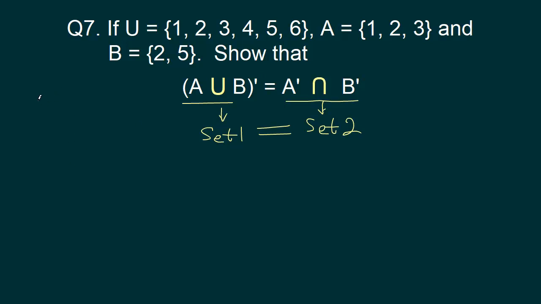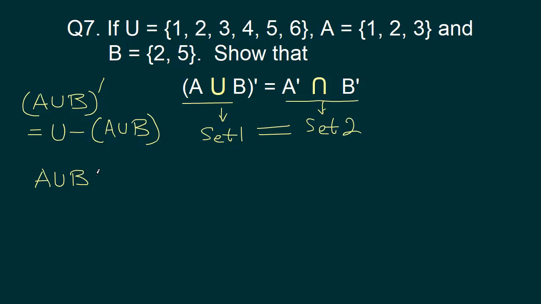A union B complement will be simply equal to the universal set minus A union B. To find this, let's first find A union B. We are going to write all of the elements of set A first.